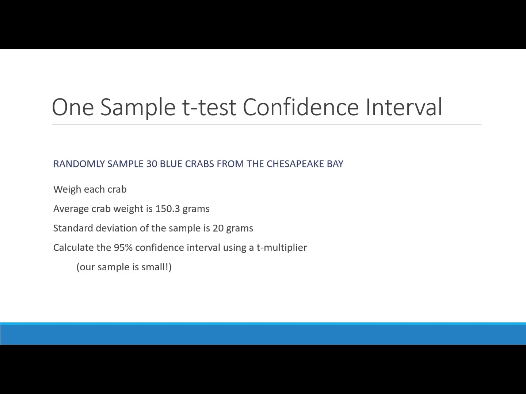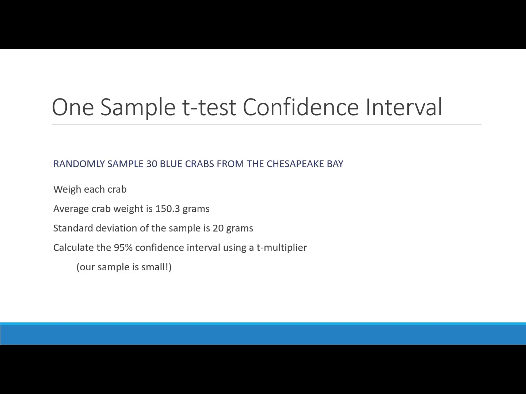So let's work through a problem. We have randomly sampled 30 blue crabs from the Chesapeake Bay and weighed each crab. Pretty small sample. We should be using the t-distribution because we do not know the standard deviation of the population. We're going to use the standard deviation of the sample, which we have calculated to be 20 grams, with an average crab weight, or x bar, of 150.3 grams.